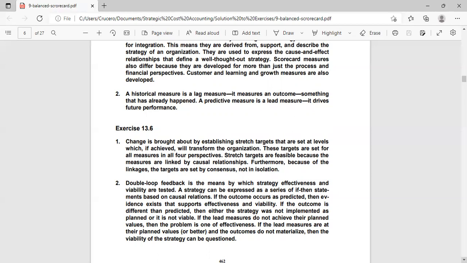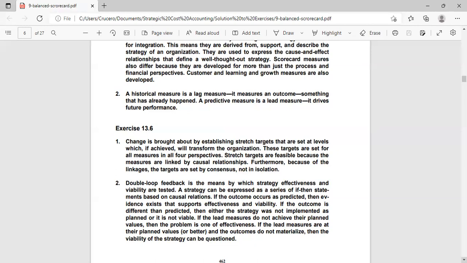If the outcome occurs as predicted, then we have to consider that the strategy can be expressed as a series of if-then statements for viability.